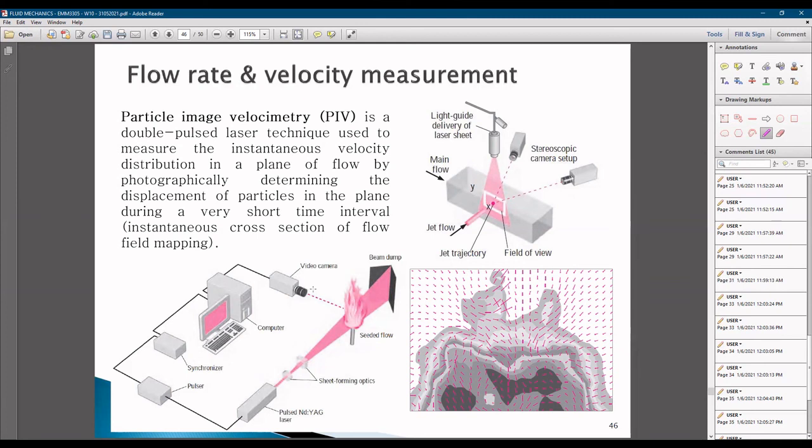That seeding is very, very small, but with the high technology of this video camera, it can capture the motion or the trajectory of those particles. As you can see on this part down here, denoted by this arrow, that is where the particle is moving.